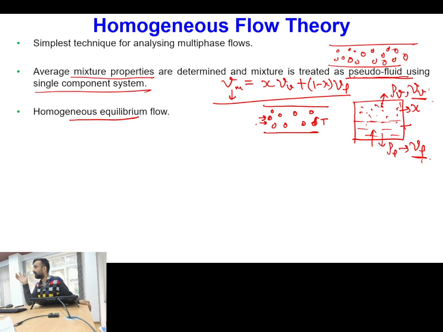In practical scenarios, of course, there will be many non-equilibriums, but the major assumption is that whatever theoretical analysis we do, even for a single phase flow system, there is some error of 10 to 20% between the idealized theoretical analysis and the practical conditions.